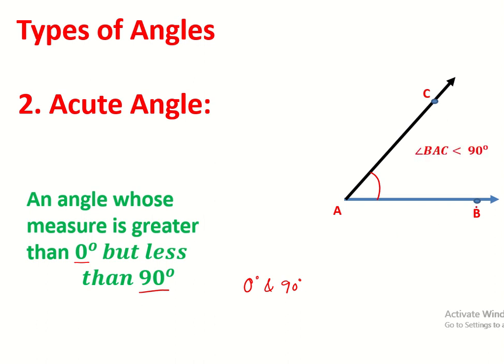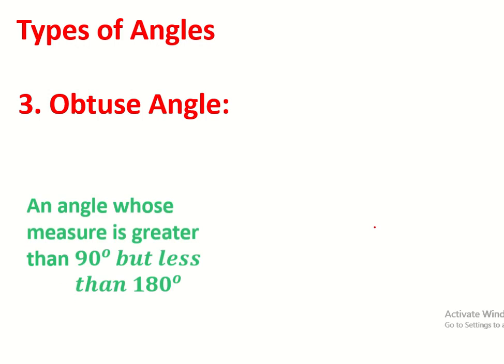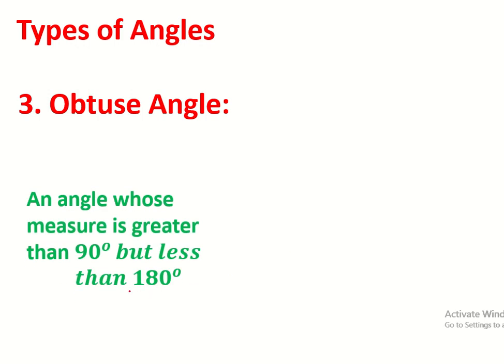Just like here, the measure of this angle BAC is less than 90 degrees, or we can simply say it lies between 0 degrees and 90 degrees. So it is an acute angle. Then we have the obtuse angle, whose measure lies between 90 degrees and 180 degrees.